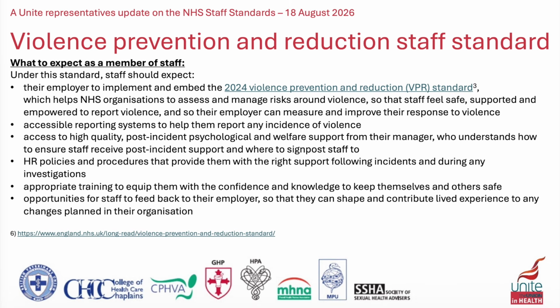Accessible reporting systems to help them report any incidents of violence, access to high-quality post-incident psychological and welfare support from a manager who understands how to ensure staff receive post-incident support and where to signpost staff to, HR policies and procedures that provide them with the right support following incidents and during any investigations, appropriate training to equip them with the confidence and knowledge to keep themselves and others safe, and opportunities for staff to feed back to their employer so that it can shape and contribute lived experience to any changes planned in their organisation.